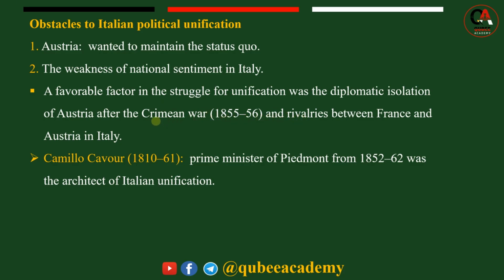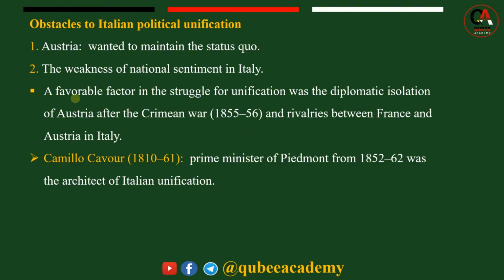Its cause was the issue of the Ottoman position in Europe or in the Balkan states. As a result, the favorable factors were the diplomatic isolation of Austria after the Crimean War and the rivalry between France and Austria in Italy.